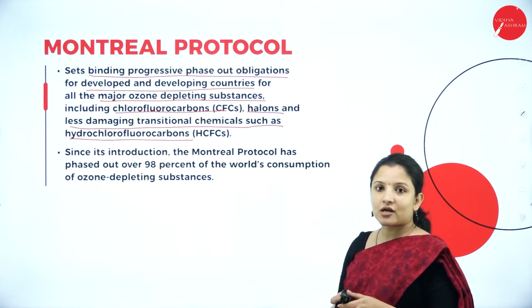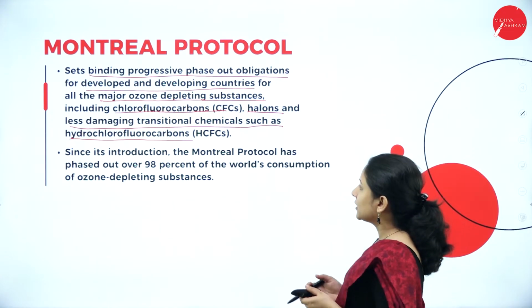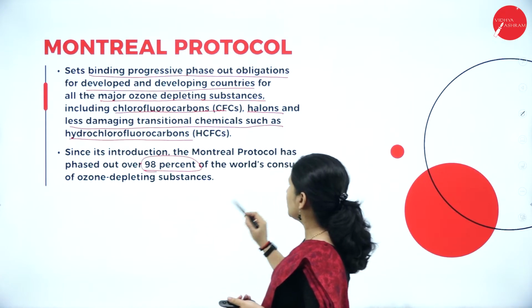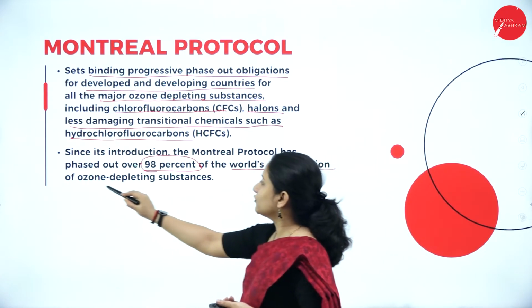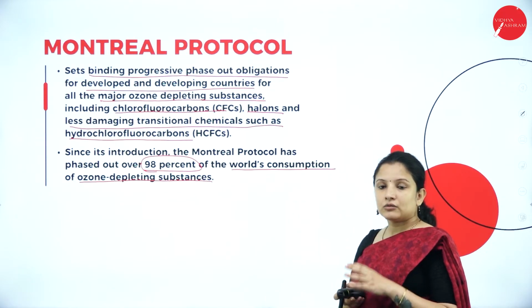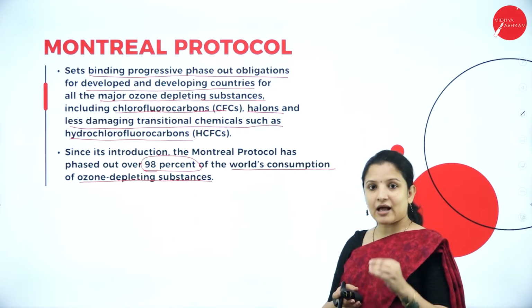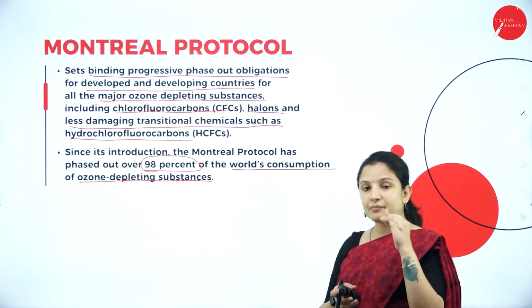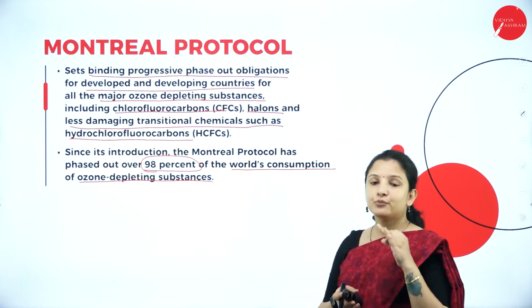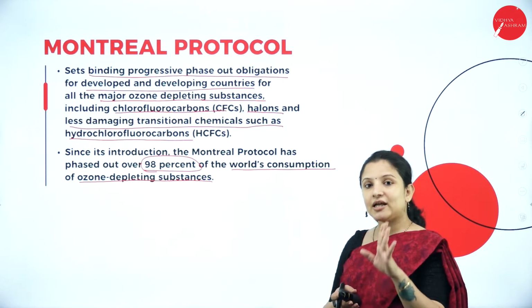And since the introduction of the Montreal Protocol, it has phased out over 98% of the world's consumption of ozone depleting substances. So all these ozone depleting substances that have been used in the manufacturing of various products, all that has been put to a halt. That is 98%.